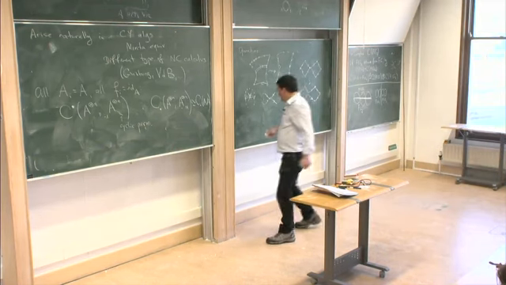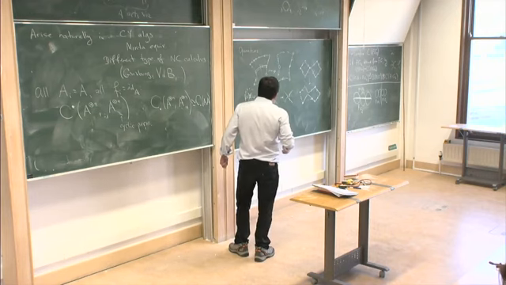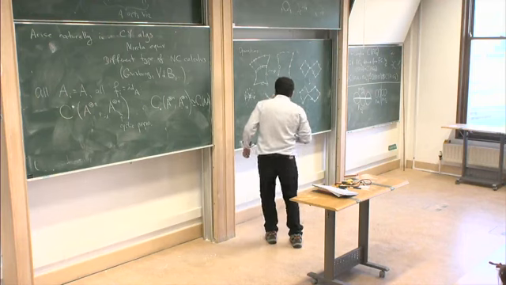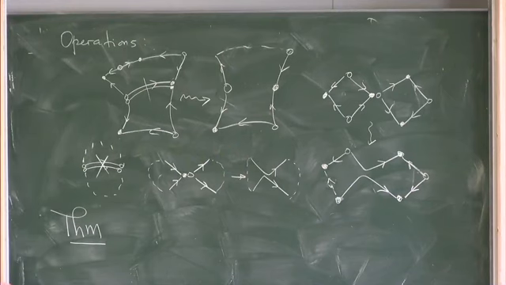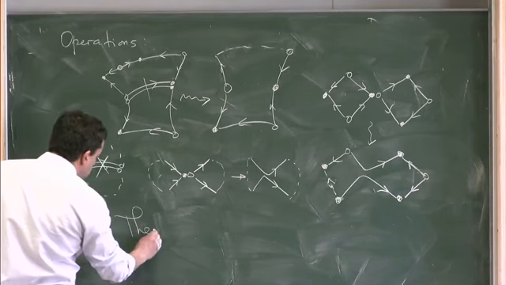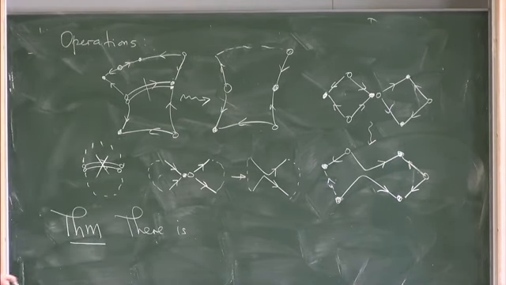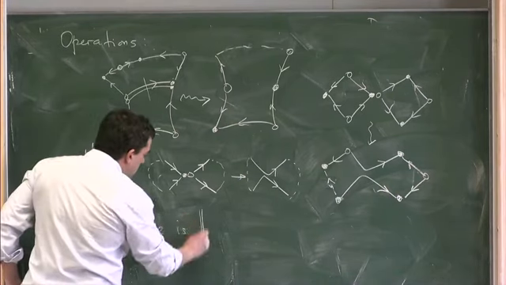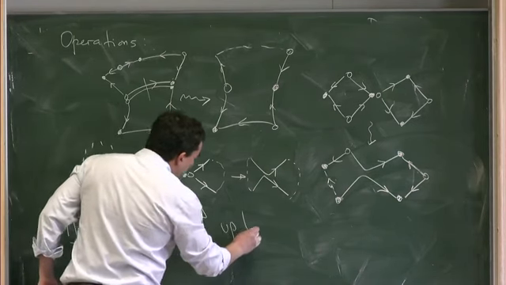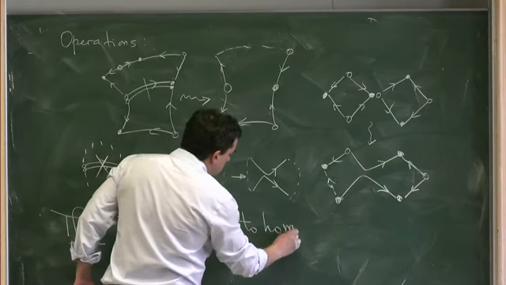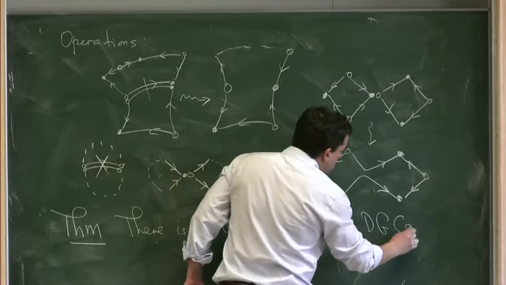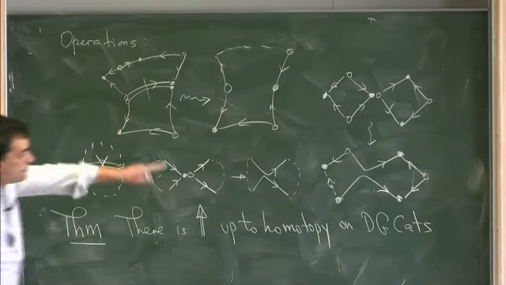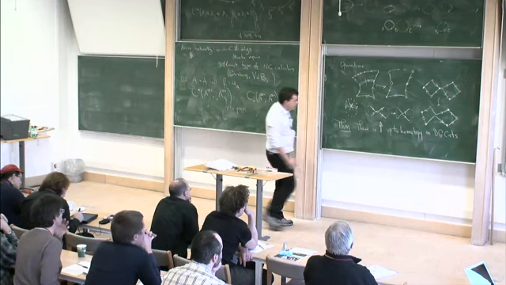So I don't even have a name for it, but let me just say that there is this structure up to homotopy on DG categories, in exactly the same sense as there.